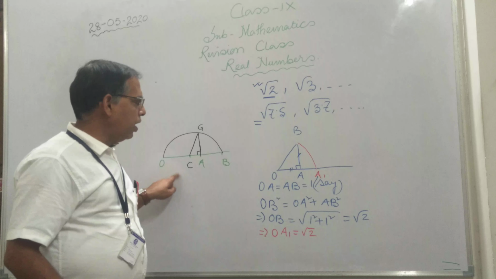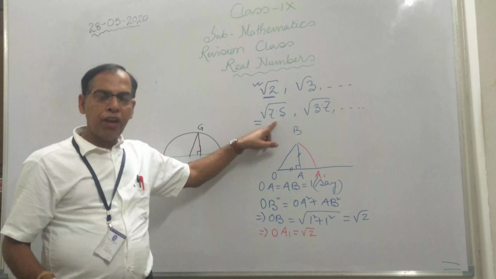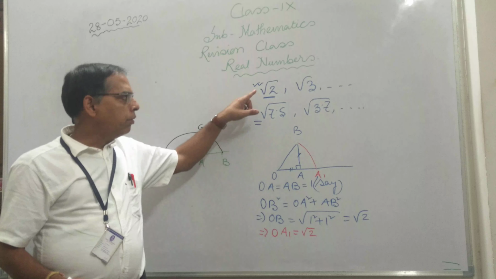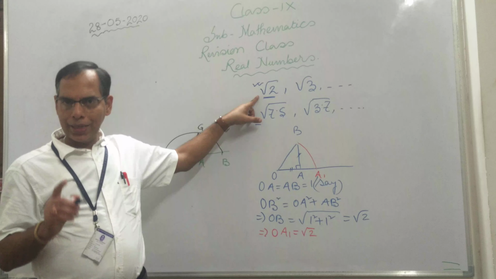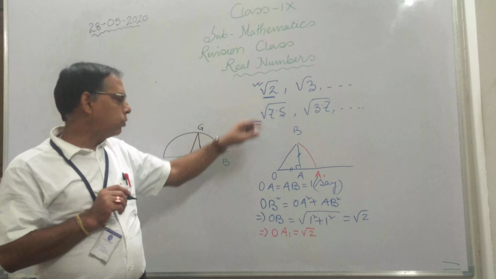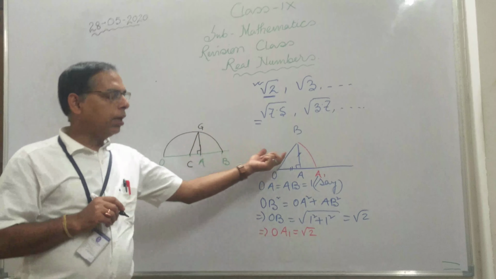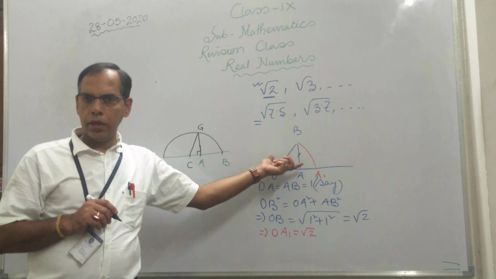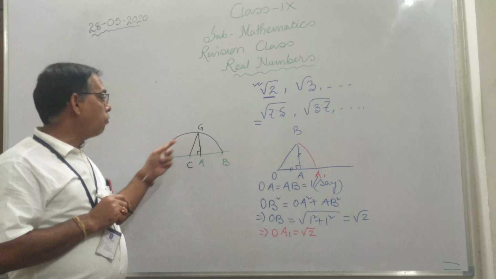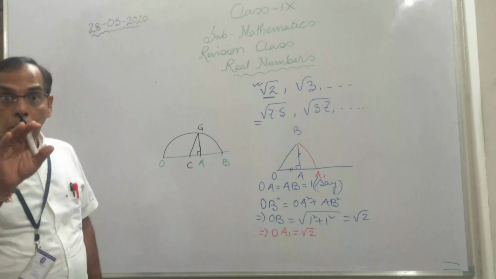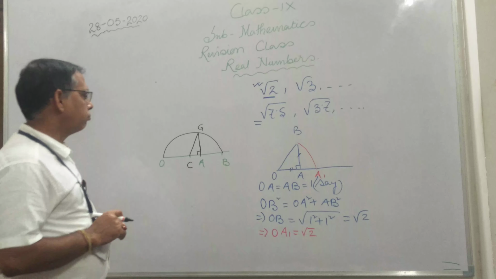This is the figure for the fractional number under the radical sign. And this is the figure for the whole number under the radical sign. Now what is the difference you see? Here also you are getting the right angle, but here from the beginning you are getting the right angle triangle. Here after drawing all this, then you are getting the right angle triangle. And what are the differences?